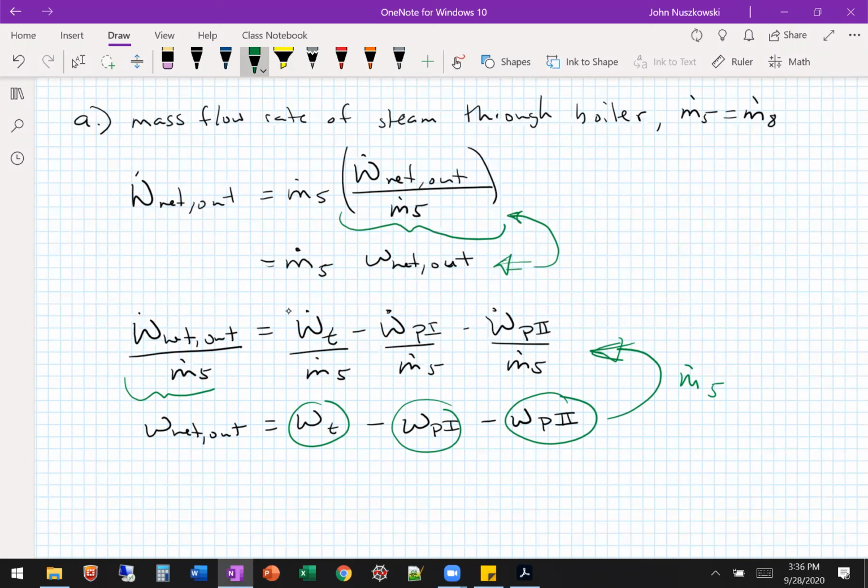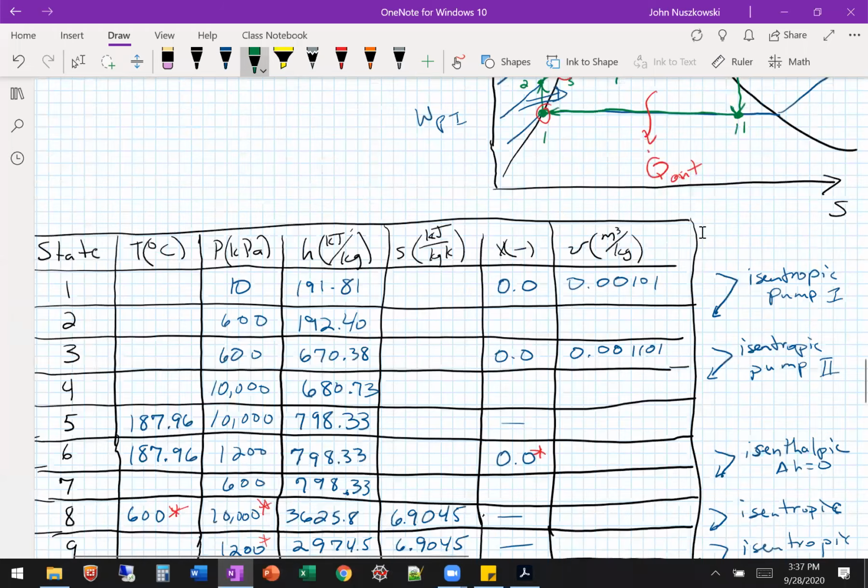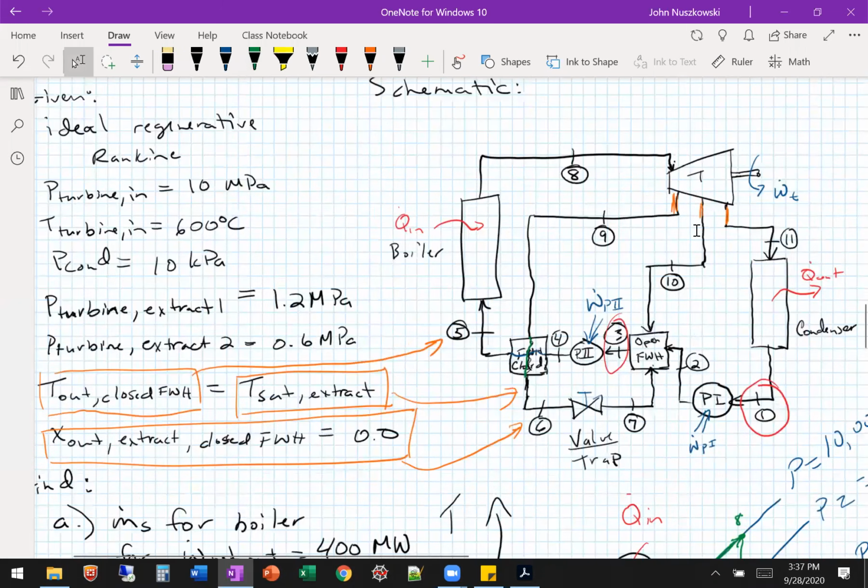How else could we get work net out? What have we done in some of the other problems, this chapter and last chapter? Say we look at the full schematic. We could do Q in minus Q out, I think. Right, yeah. If you drew your boundary around the whole cycle, the only things crossing your boundary are your heat in, heat out, and the works, which you can make a work net, right?